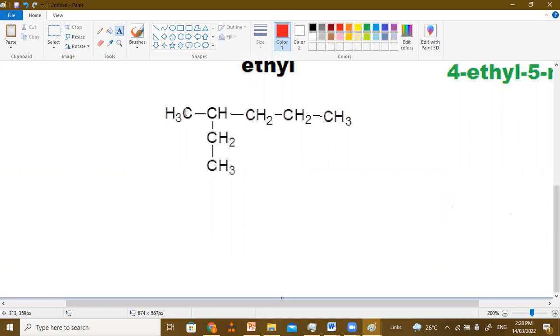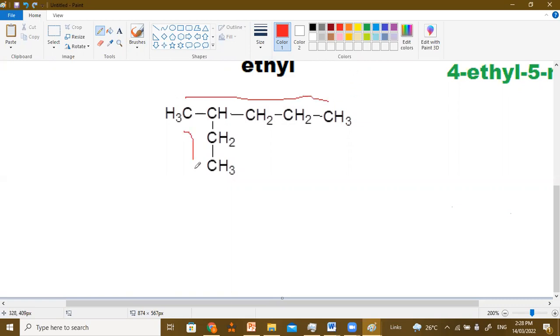From the left, you have 1, 2, 3, 4, 5. That's pentane. We start counting 1, 2, 3, 4. Start from the right: 1, 2, 3, 4, 5, 6. Is it 5 or 6? You did not consider this one. Sorry, from the left, that's 5.